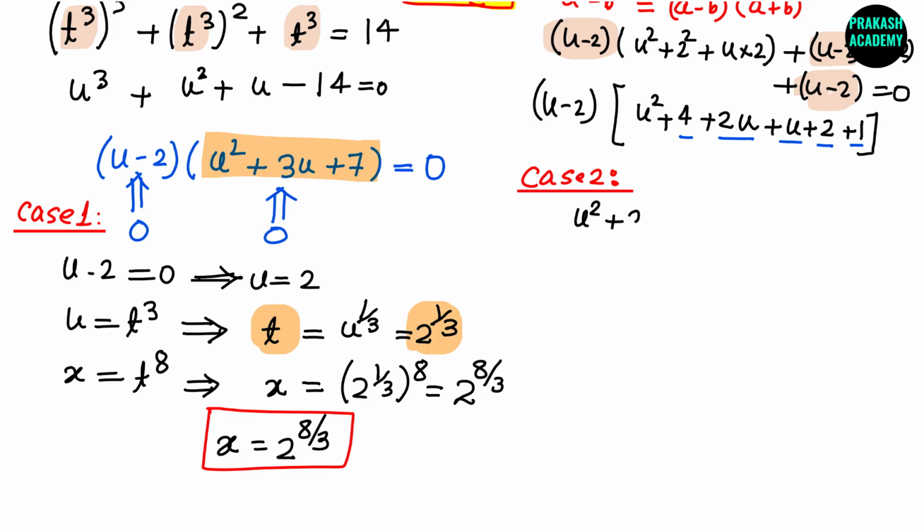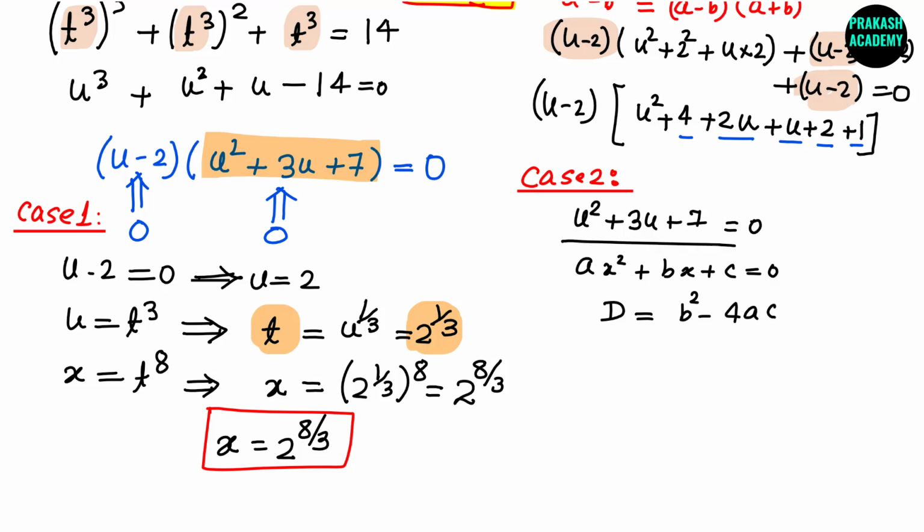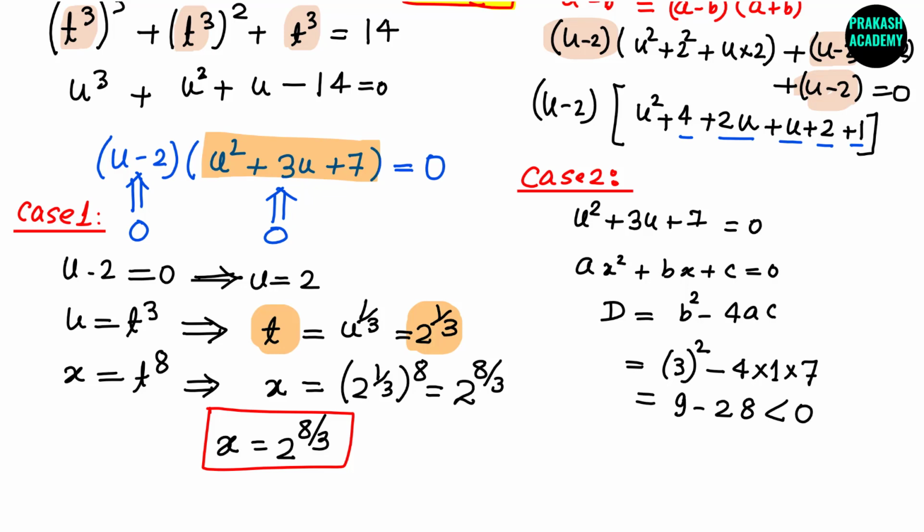Now if you have a quadratic equation ax² plus bx plus c equals 0, then the discriminant is given by b² minus 4ac. Let us calculate the discriminant for this expression. In this case b is 3, minus 4 times a, which is 1, and c is 7. So 9 minus 28, which is negative.